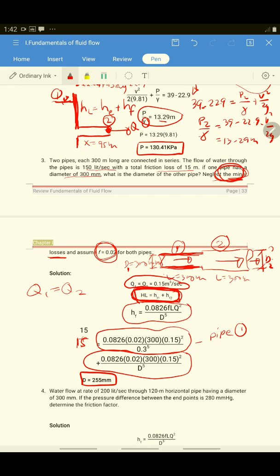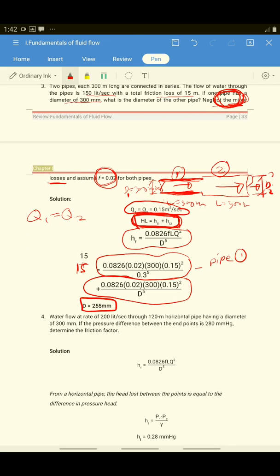You have to remember whether we neglect or include the minor losses. In this topic, we consider all, as long as it is stated in the problem that we are going to neglect the minor losses.